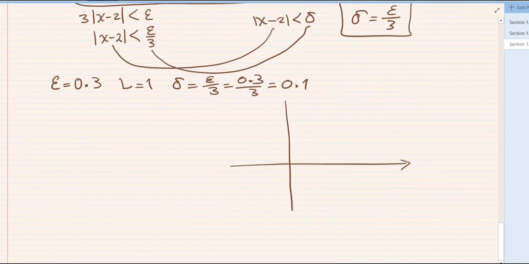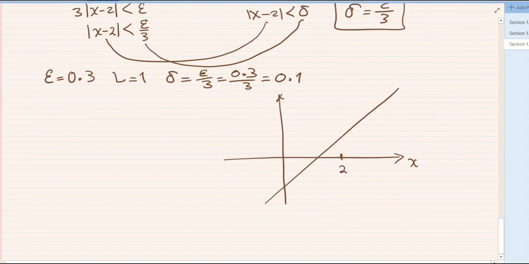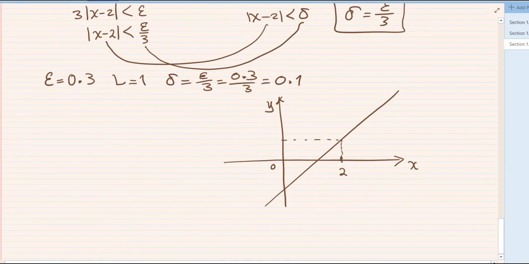So 3x minus 5 is going to look something like that. And let's say this is where 2 is. The x-intercept is at 5/3, right? 3x minus 5 equals 0. Yeah, 5/3. Now, here's what I'm going to do. The limit, we just found it to be 1, by direct substitution.